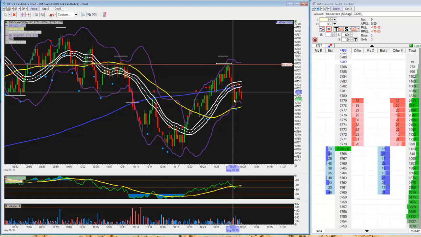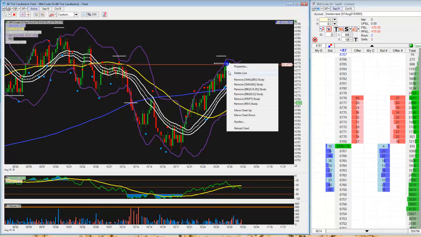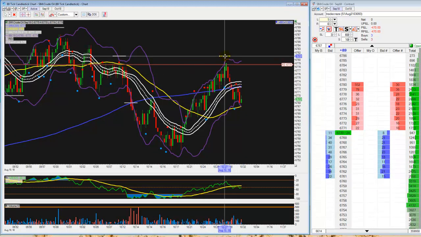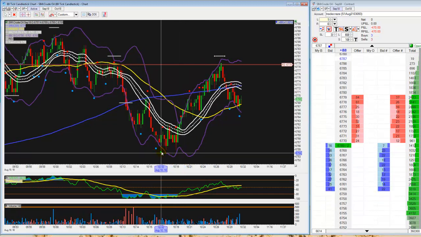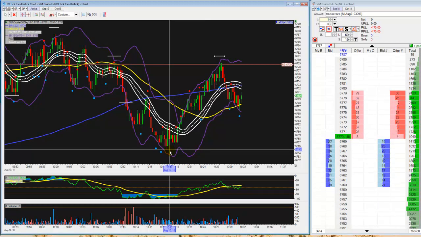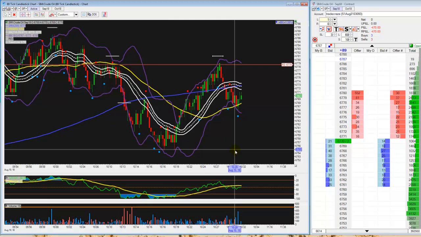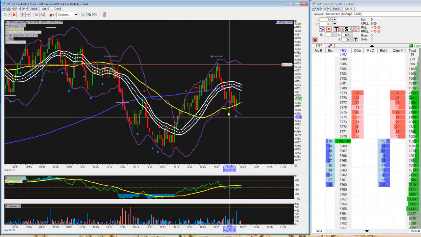So now we went down. Let's get rid of this one. We're using the 81 previous, and now we can use this one here since we went down, especially if we get down here again, make that double bottom, and then we'll use this one.